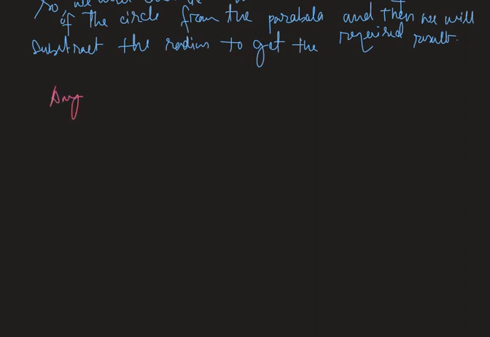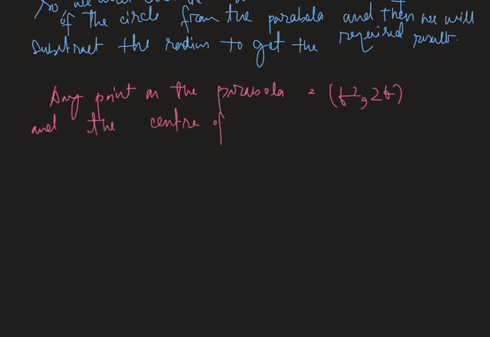This is a parametric equation of the parabola. The point on the parabola is (t square, 2t), and the center of the circle is (2, 8).